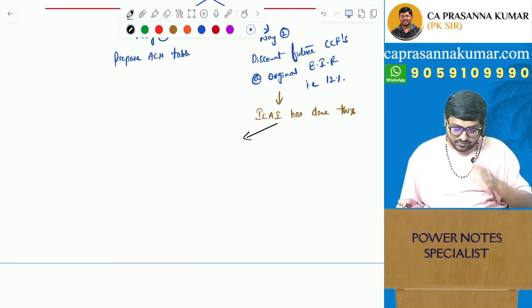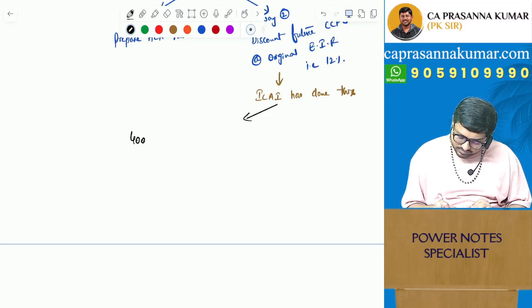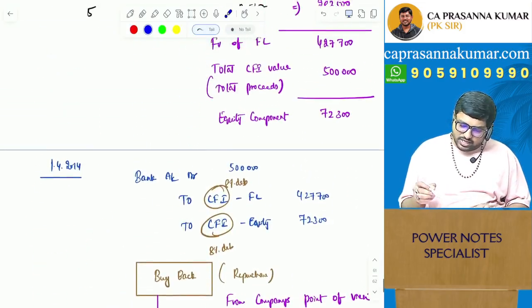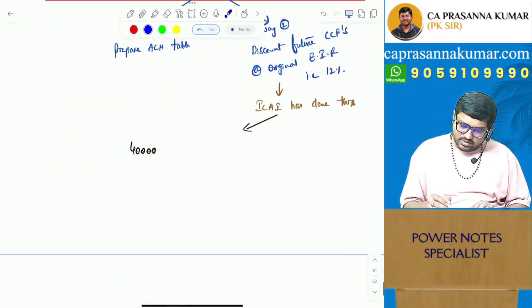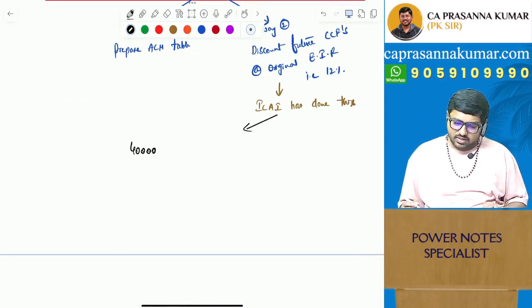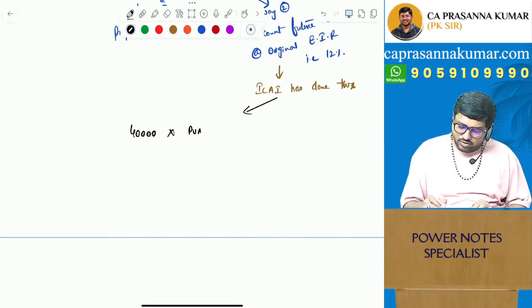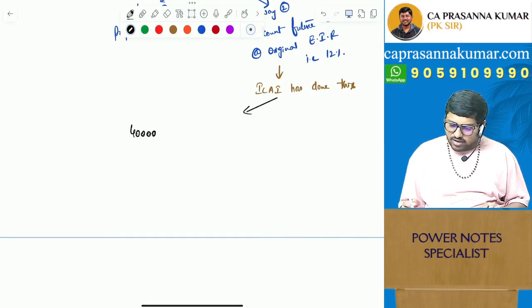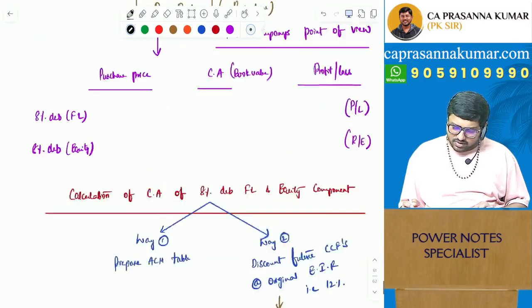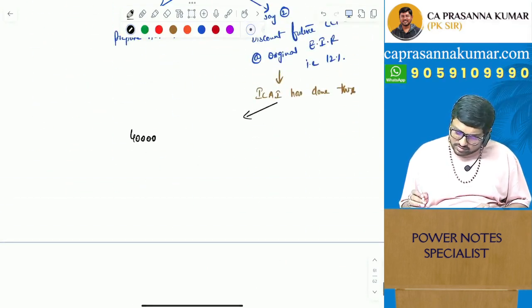Very simple. For the next 2 years, it's going to be 40,000. 40,000 is only the interest for all the 5 years. Correct? So 40,000 into the present value annuity factor, or it's better you do it like this. Why go for the present value annuity factor? You have to discount it at 12%.